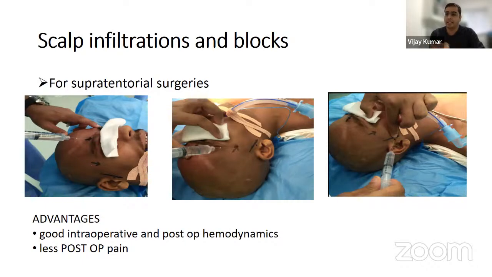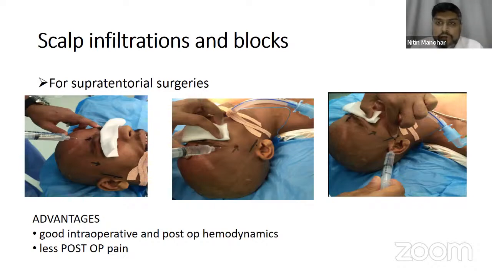That will also drastically reduce opioid consumption. Yeah, with pin site infiltration, you can infiltrate in a V-shaped pattern and trap the pin. The pin response also can be tremendously reduced.